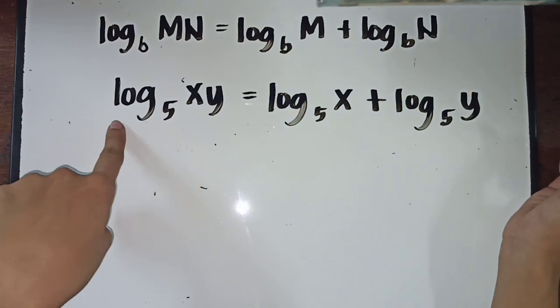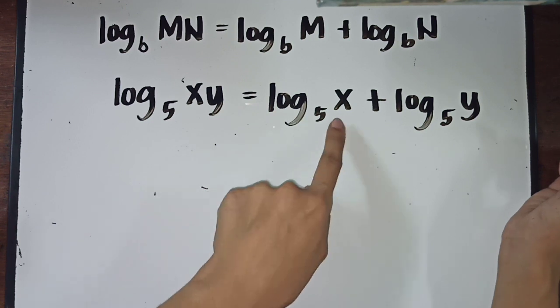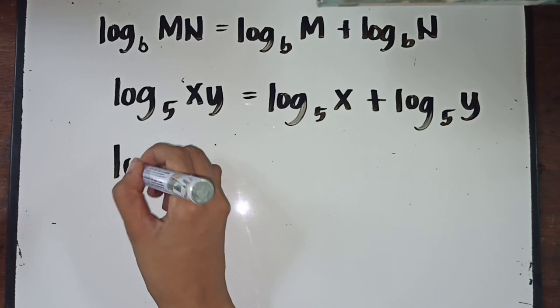Okay, this logarithm of xy to the base 5 is equal to logarithm of x to the base 5 plus the logarithm of y to the base 5.